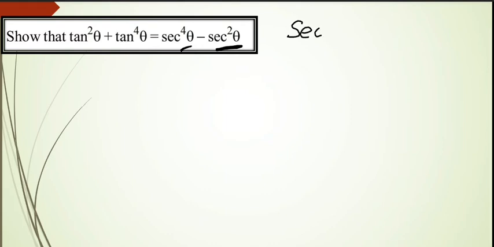See the last problem, that is tan square theta plus tan power 4 theta is equal to secant power 4 theta into secant square theta. Just observe that for tan square theta and secant square theta, there is one identity, that is secant square theta minus tan square theta is equal to 1. So clearly tan is given in terms of secant, they are asking. So just see the first: tan square theta plus tan power 4 theta.